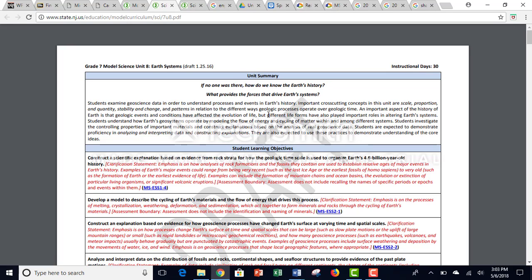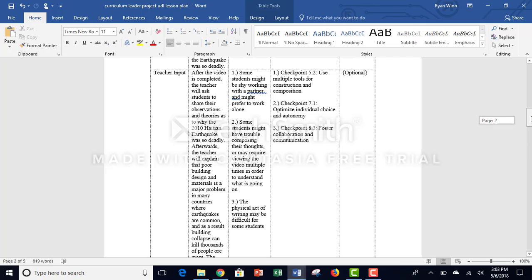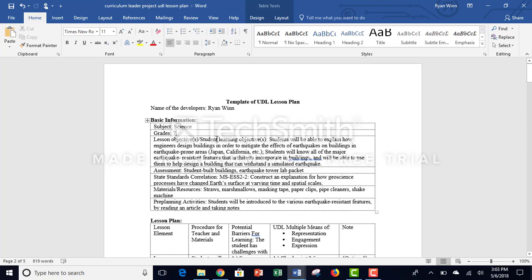So specifically, we're going to be learning about how geoscience processes, specifically earthquakes, affect life on Earth, specifically humans.